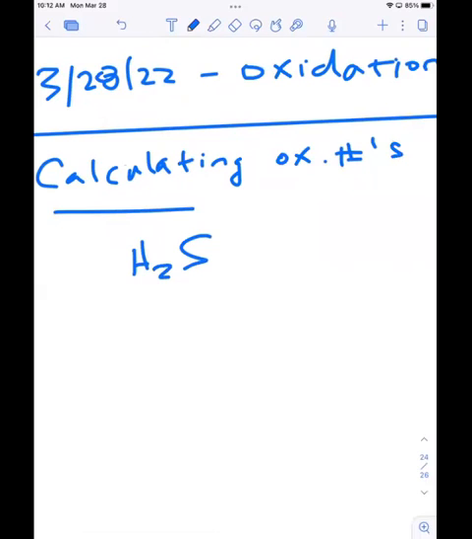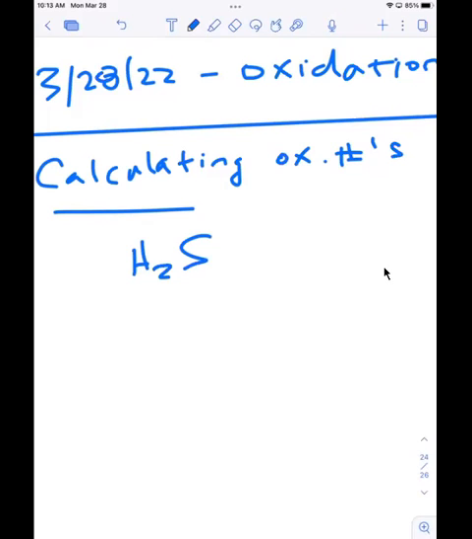Anybody, if we did it doing the crisscross method? Where did that 2 come from? And what is the subscript for sulfur? The subscript for sulfur would be 1, okay.